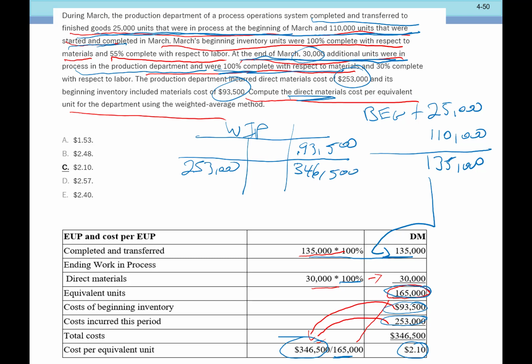Okay. So that's the total that's available, and then we have to figure out what we transferred out.